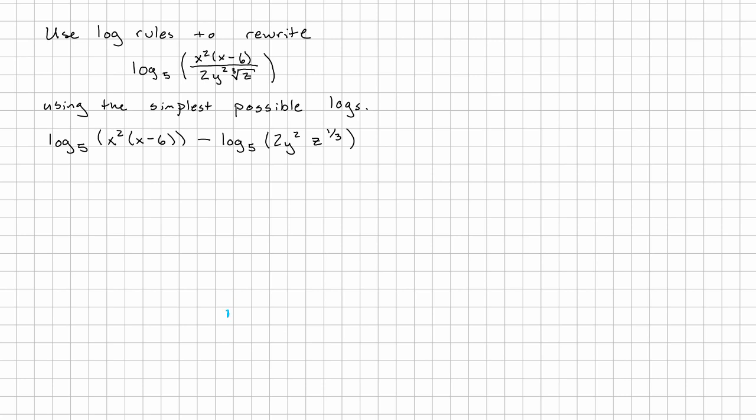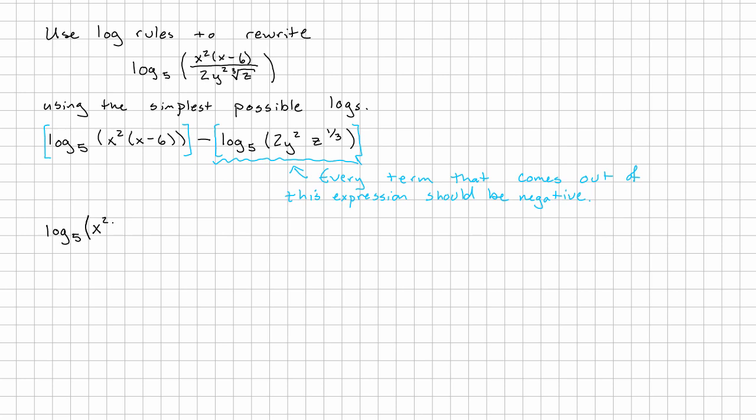And in doing that, we're going to want to note that when we do the subtraction, we're subtracting this entire expression. The reason we want to be aware of that is every term that comes out of this expression will be negative. So, splitting up the part that came from the numerator, we have the log base 5 of x squared plus the log base 5 of x minus 6.